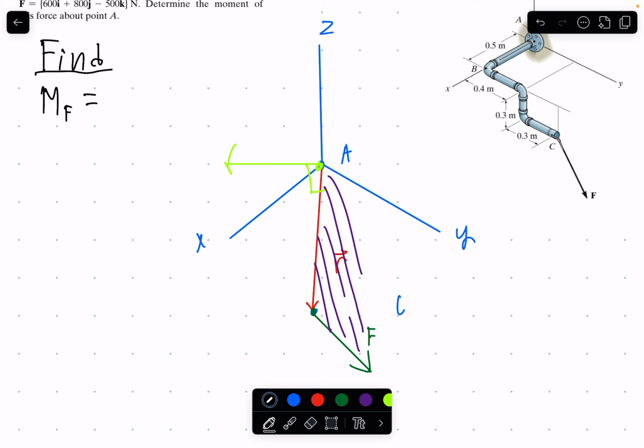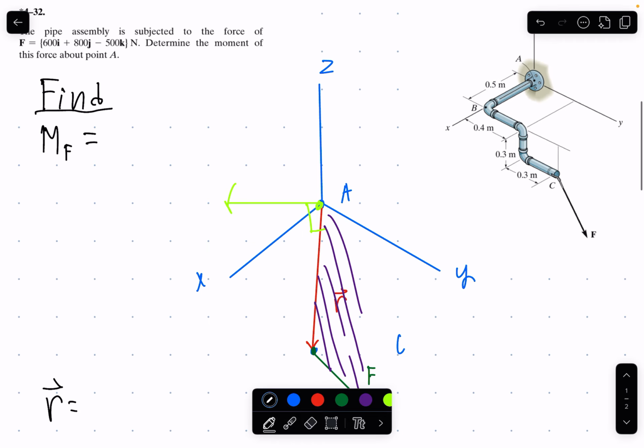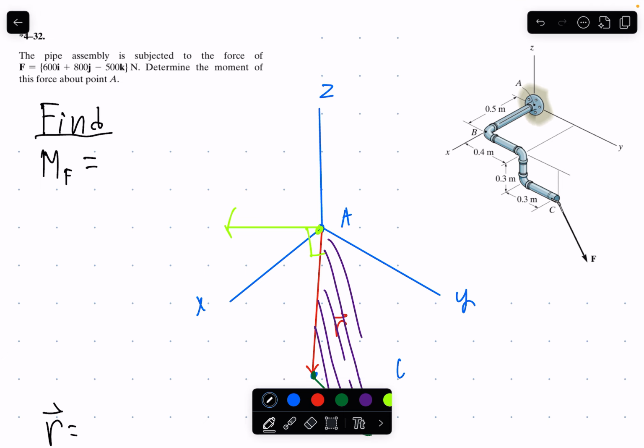Okay, so let's start by defining position vector R. Probably the hardest part of this problem, in my opinion, is defining R, because the coordinate plane can be very confusing, with a lot of different directions and vectors. By looking at the figure, the x component should be that first part of the pipe.